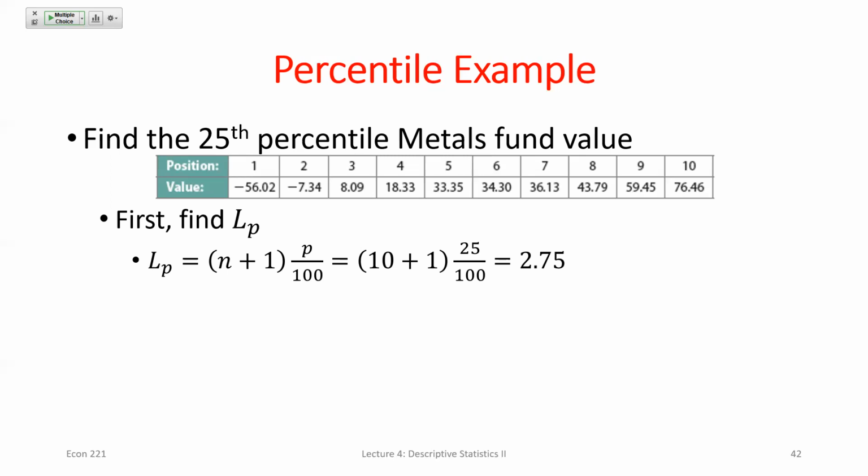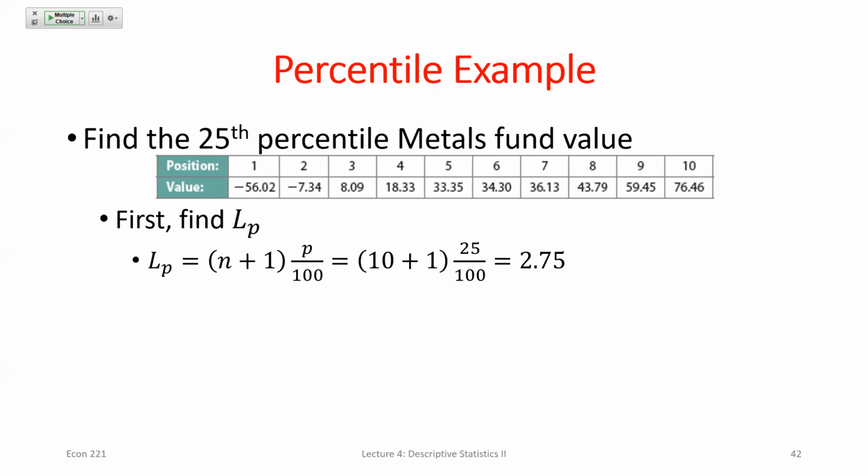I'll use that as one of my weights. And then my other weight is just going to be what would get me up to 1, right? What would complete the entire proportion? So 0.75 and 0.25. If this was 2.3, I would use 0.3 and 0.7. If it was 2.9, I'd use 0.9 and 0.1.